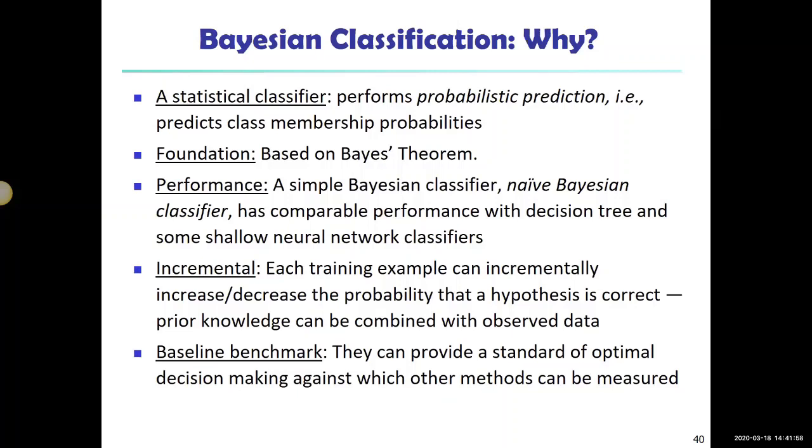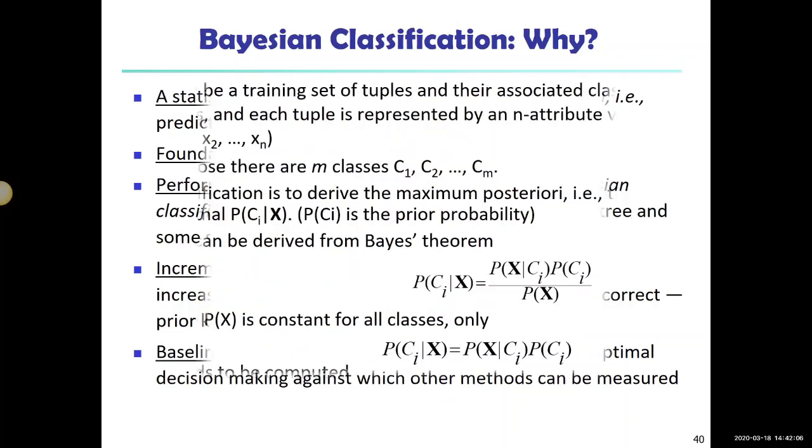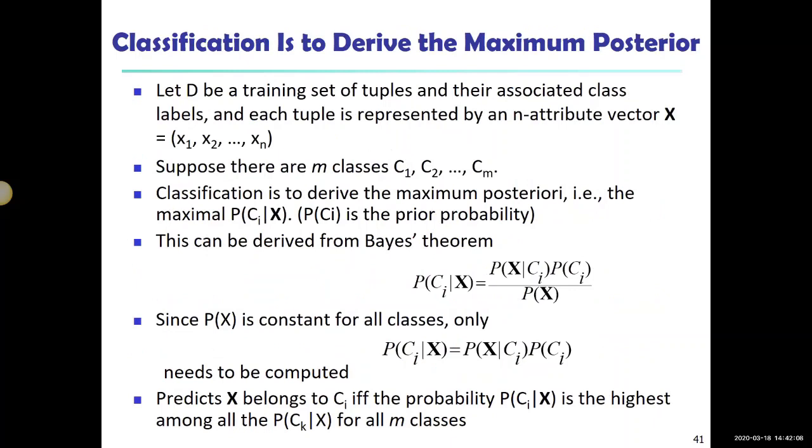I know many earlier web search engines used naive Bayesian classifiers for tags. So it's a widely used classification algorithm, even though some of the assumptions are not met in practice. Naive Bayesian classifier.